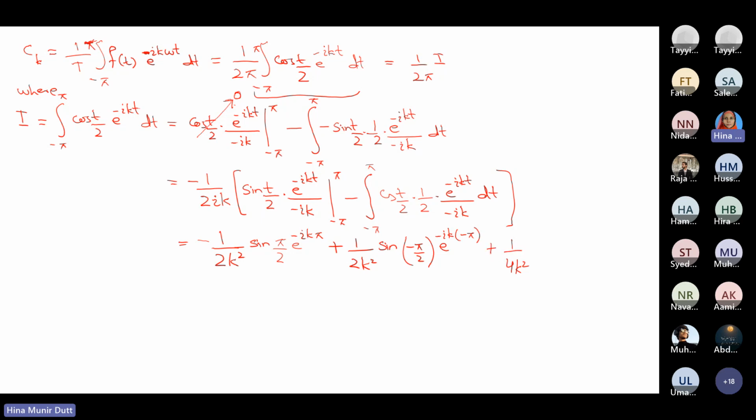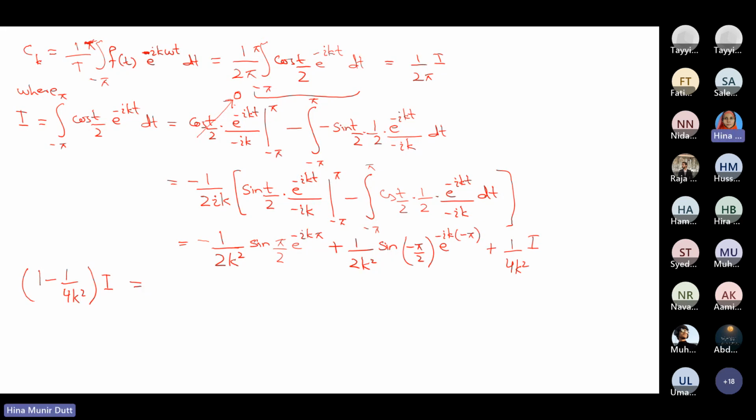So here I have plus this sign, 4k square, and then I have the integral from minus pi to pi of cos of t over 2 e to the power minus iota kt, which is again this I. So I can write I over here. And I can take this I on the left hand side, which becomes I plus 1 I minus 1 over 4k square I. So that is, I have 1 minus 1 over 4k square times I.